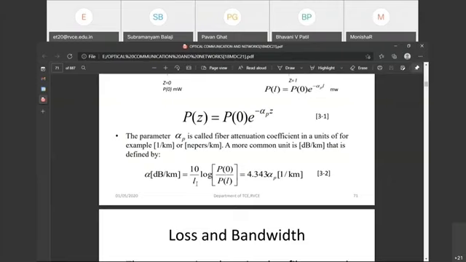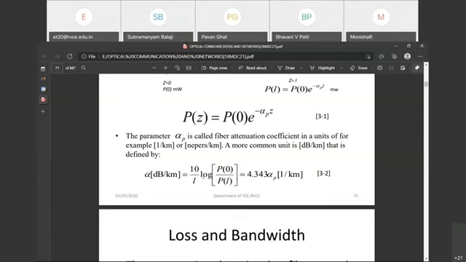In general, the attenuation coefficient in dB is given by 10 log to the base 10 of P of 0 by P of L, since your initial power will be higher than the final power. When you are writing the gain, you will write final power by initial power, but here it will be the reverse.